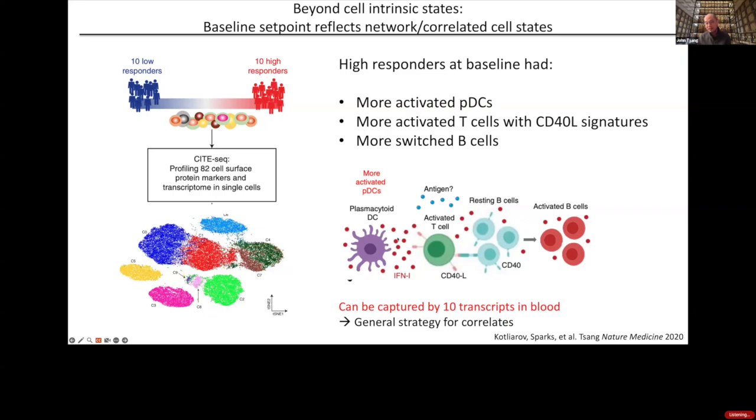And interestingly, these are coupled. They are correlated. So if a person has an elevation in the state of one particular cell type, we also see the corresponding elevation in the other ones, suggesting that there's an underlying circuitry, a communication among these cells, that basically keeps them at this kind of high state.